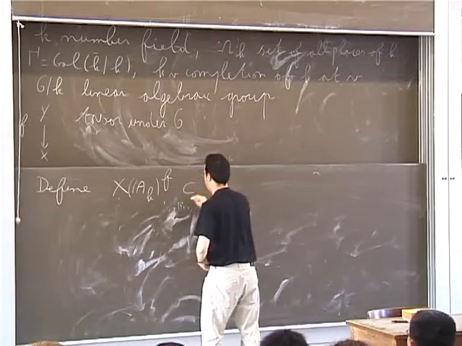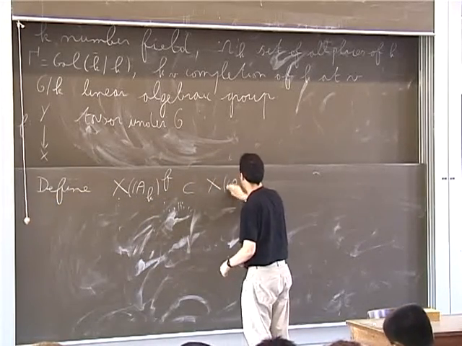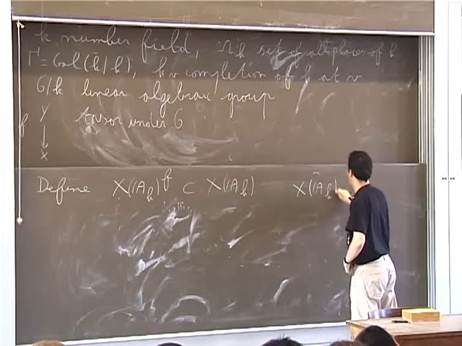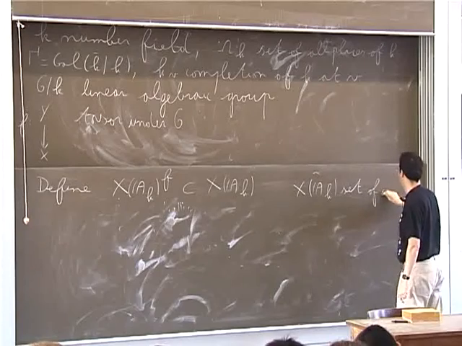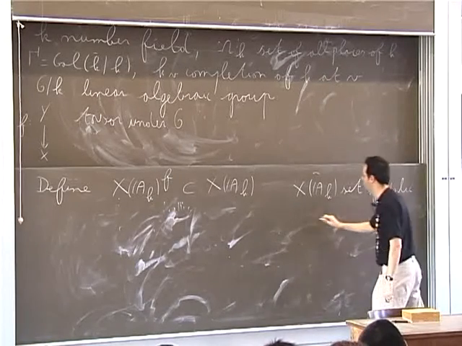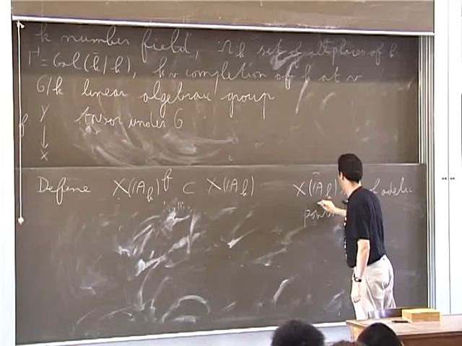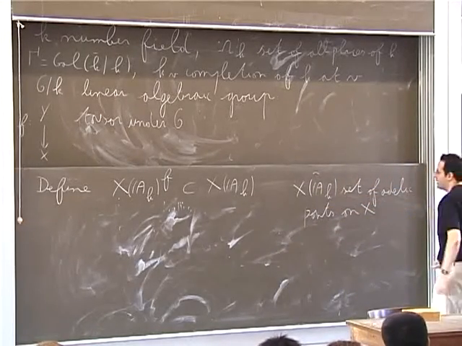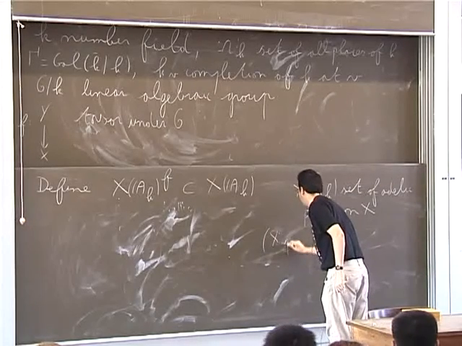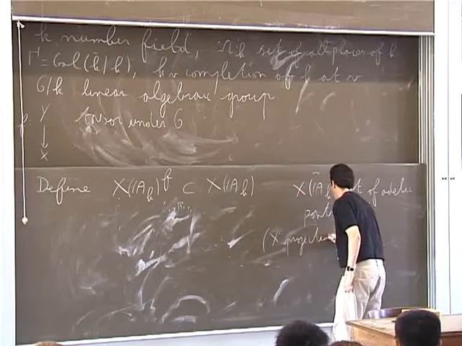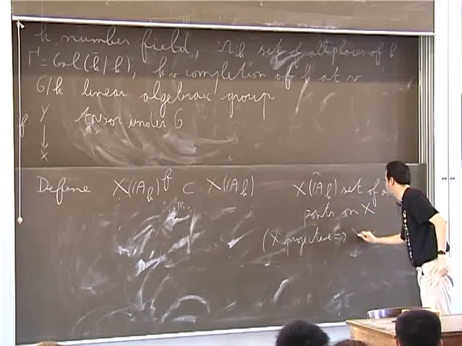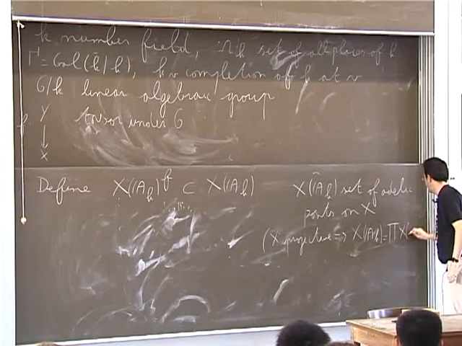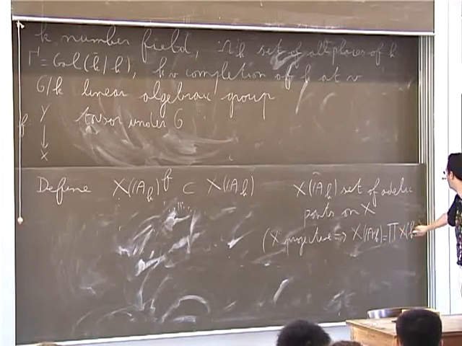It is a subset of the set X of AK, and recall that X of AK is just the set of adelic points on X. So X is a variety, and the simplest case is when X is projective, proper if you prefer. So if X is projective, this set of adelic points is just the product of the local points X of Kv, running over all completions.